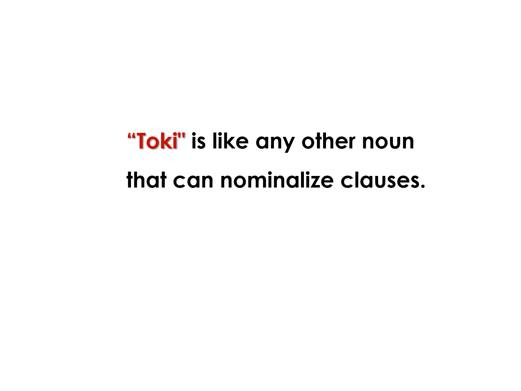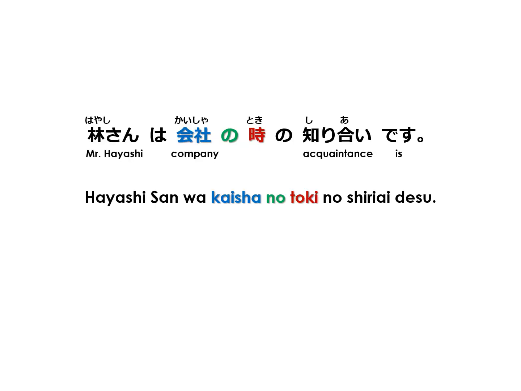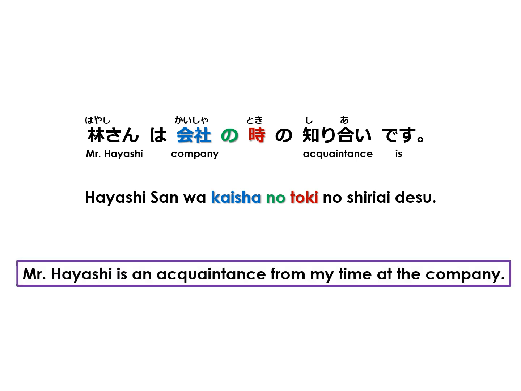Toki is like any other noun that nominalizes clauses. 林さんは会社の時の知り合いです。Mr. Hayashi is an acquaintance from my time working at the company. Here we have the particle no coming after toki.